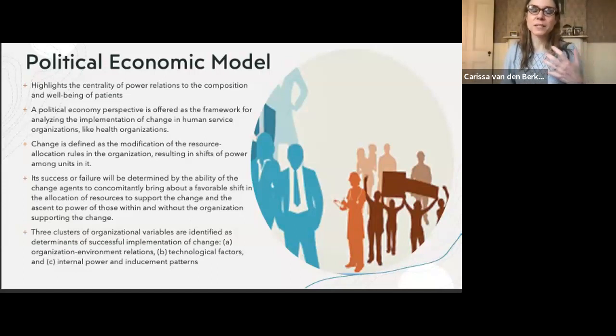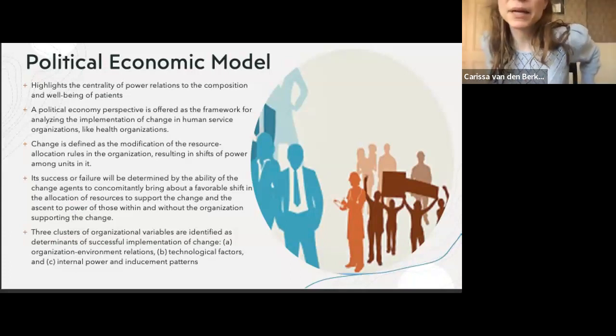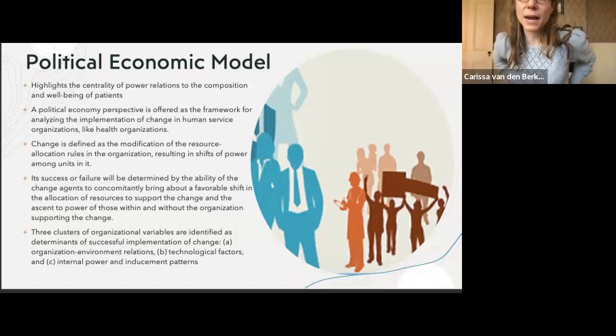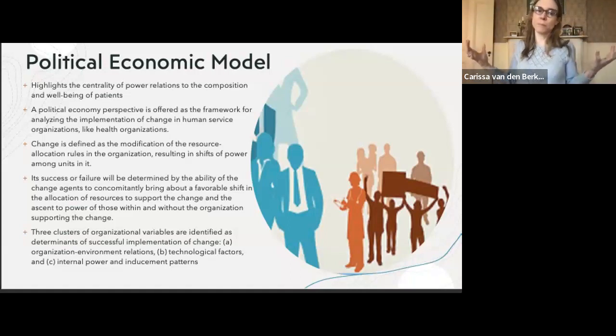And when we think about these power relations, it's really important to figure out how this affects patients. A political economic perspective provides a framework for analyzing how changes are implemented in human service organizations, or, if we have an equity plan, what does that look like? How in a political economic framework does an equity program actually get implemented in the end?